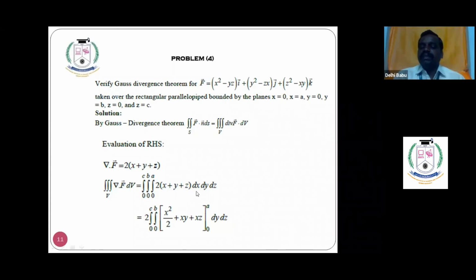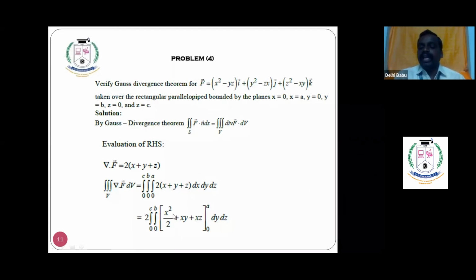So let's integrate this. 2 is constant, take it out of the entire integration. First I will integrate with respect to x. The x integration is x²/2, plus y and z are constant, so the integral of dx is x only: x into y plus x into z, between the limits x = 0 to a, into dy dz.